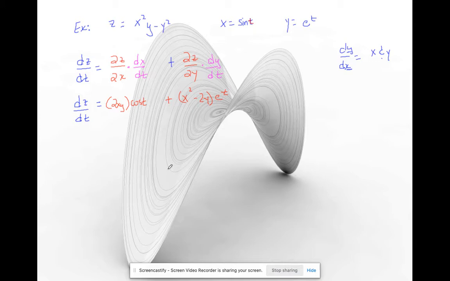Who can't I have? That's okay. I have what x and y are equal to. And just putting the e to the t at the end.